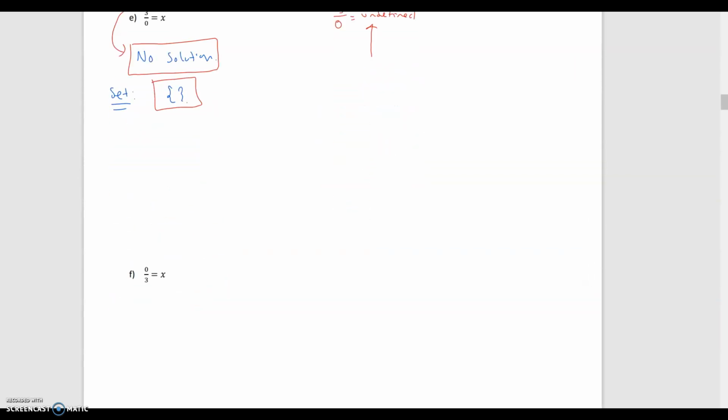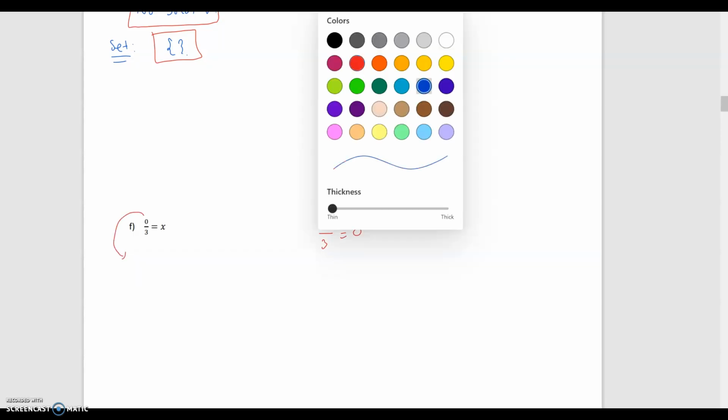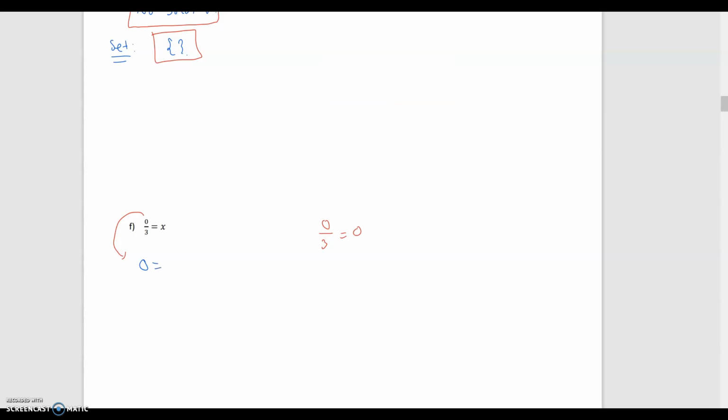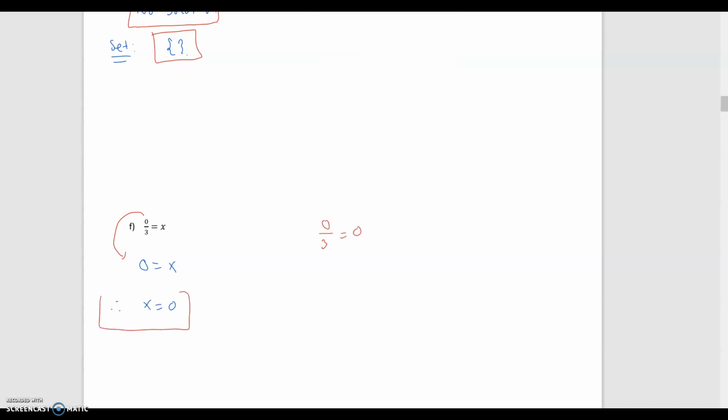And this is not to be confused with F. With F, you could have the values of 0 divided by 3. This is equal to 0. So for this one, our answer is going to be 0 is equal to x, which really means x is equal to 0. So careful on the last two.